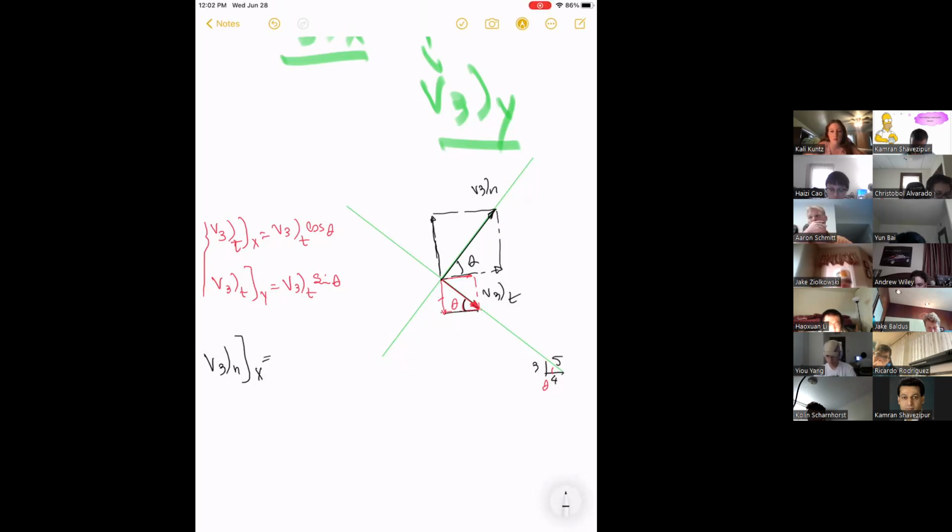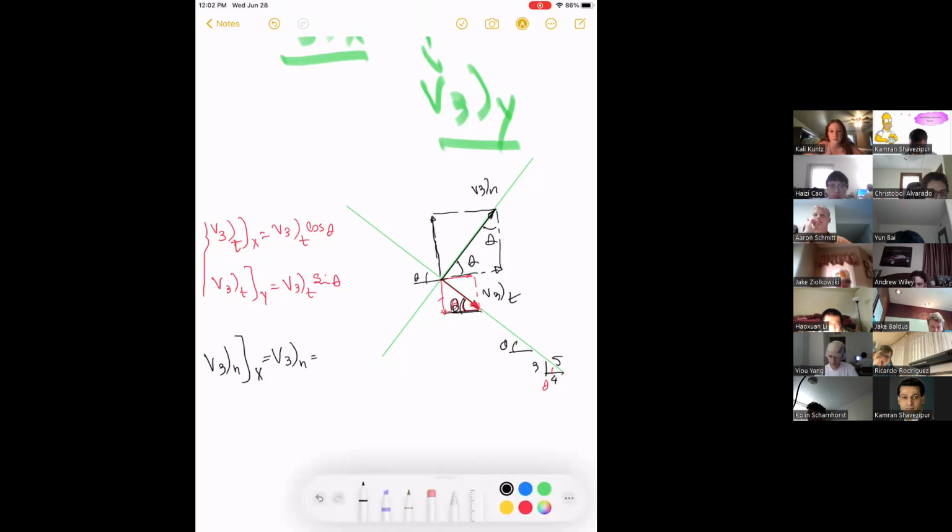So maybe V3n should be sine theta if this is theta.